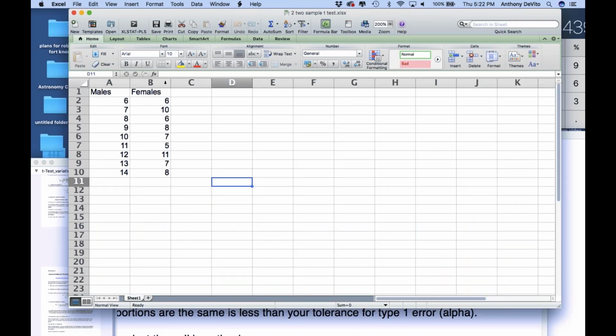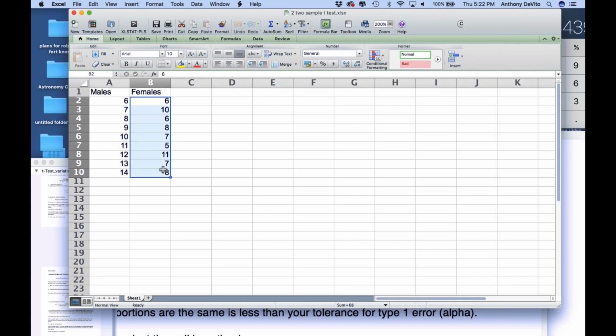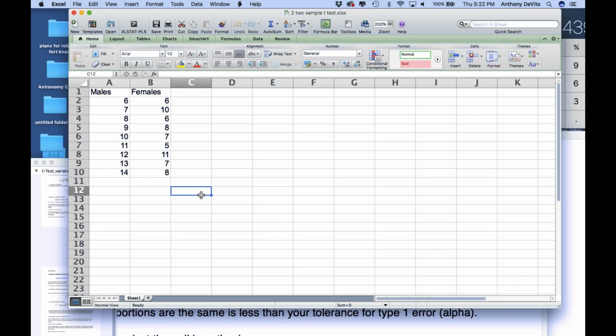There we go. Okay, so whatever these numbers represent, maybe it's the number of soccer goals per season, but they're separated by gender. This is the average for males. There are 9 males and 9 females, and this is X bar, not a proportion.